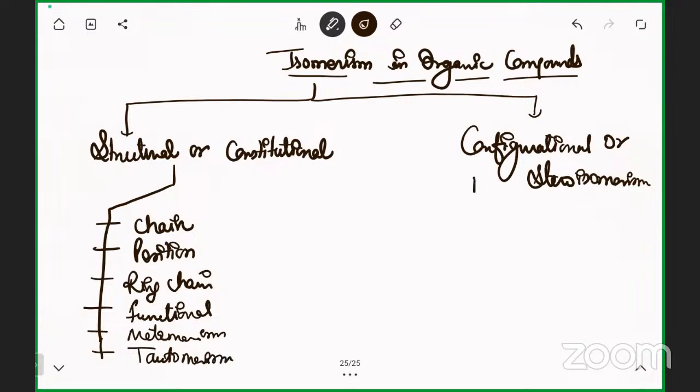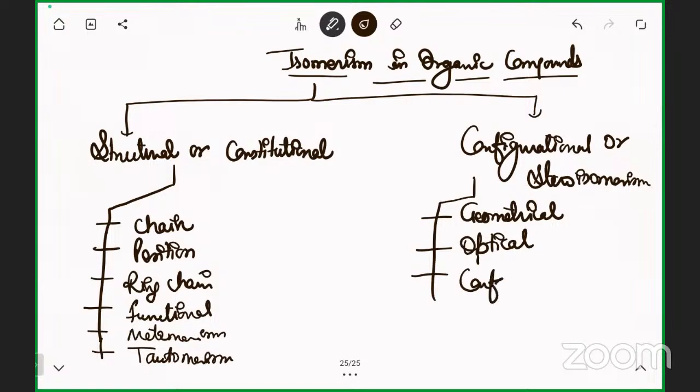If I start with configurational isomerism, we have three categories only. First one is geometrical. Second one is optical. Third one is conformational. So we have certain categories. We'll start this topic now with the first type, that is structural isomerism.